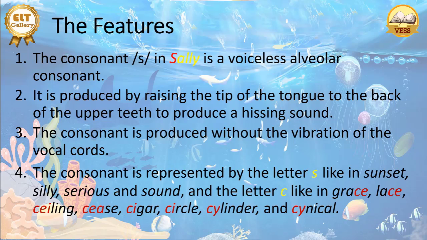So most often the representation of the consonant S is the letter S, like in sunset, silly, serious, sound. And the letter C. The letter C may also be pronounced as S, like in grace, lace, ceiling, cease, cigar, circle, cylinder, cynical. As we see here, C is accompanied with the letter E: grace, lace, ceiling, cease.